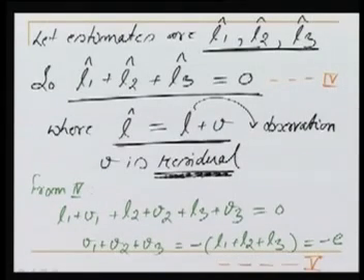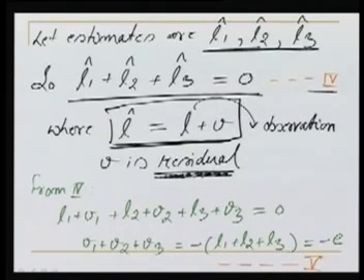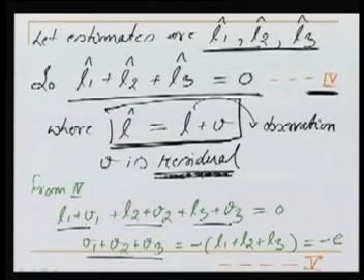Using L hat is L plus V and equation 4, we can write L1 plus V1 plus L2 plus V2 plus L3 plus V3 should be equal to 0. Now we can further write V1 plus V2 plus V3, taking all the observations to the right hand side, equal to minus (L1 plus L2 plus L3). Let us say this minus (L1 plus L2 plus L3) is equal to minus E.